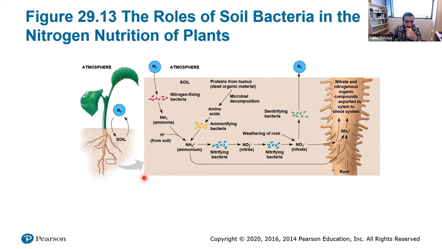In terms of plant growth, nitrogen is one of the most limiting nutrients that limits plant growth. And so it's a very important resource for that reason. But plants are faced with this dilemma where they can only absorb nitrogen as certain compounds, nitrates and ammonium.